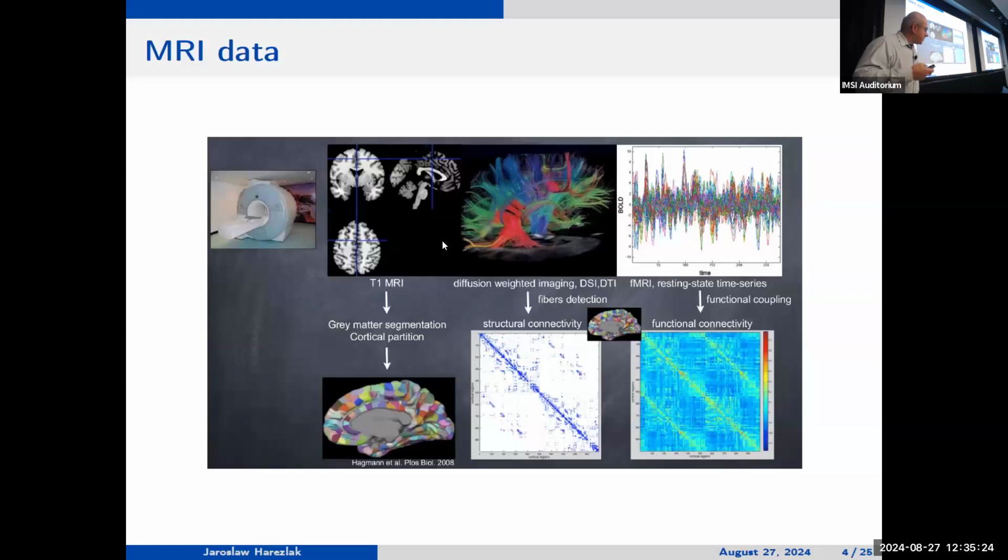I like this picture actually; a colleague I work with created it, so I borrowed it from him. Basically, you go to the scanner, I'm working with MRI data, and you can get a lot of different information that can then be mapped to connectivity matrices, either functional or structural, or to cortical properties.